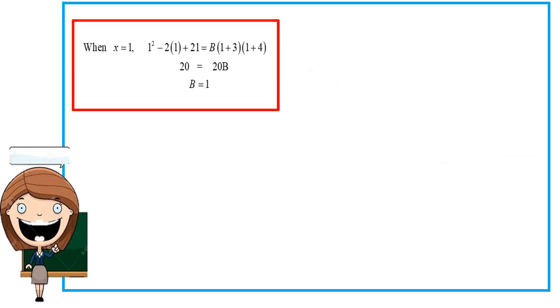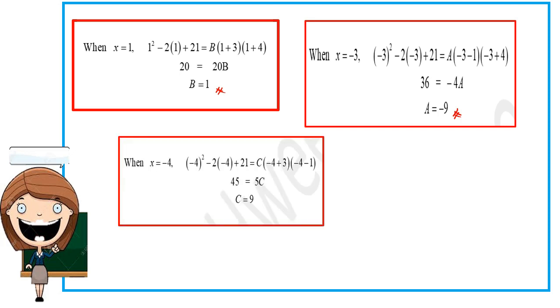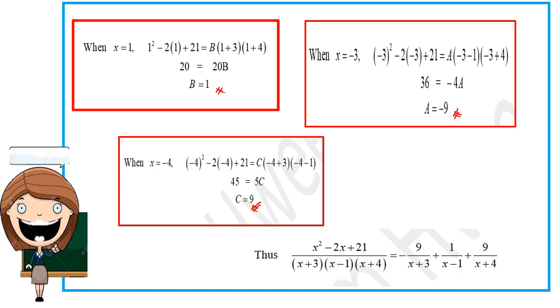We start with x equal to 1, so we get the value of b equal to 1, and x equal to minus 3, you will get the value of a equal to minus 9. And finally, when we use the value of x equal to minus 4, we may get the value of c equal to 9. After that, do remember to rewrite the fraction into the partial fractions form.